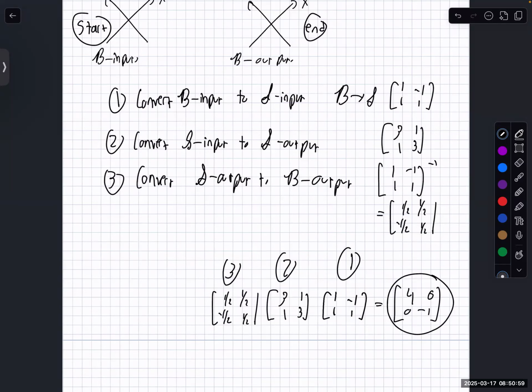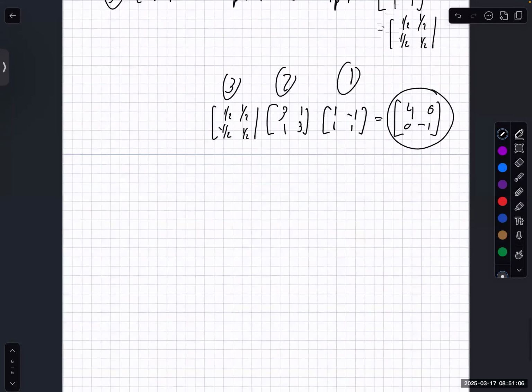And that is the matrix we're looking for. Okay, I want to do 2 more examples. And there's going to be a reason for both of these.